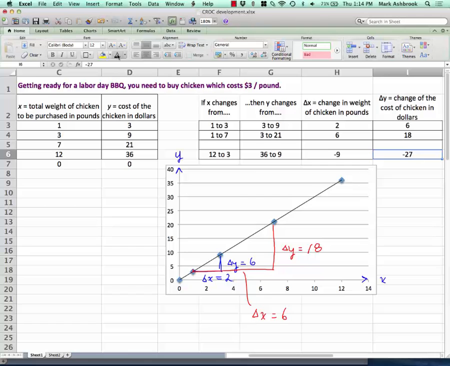Okay, so when you look at these numbers over here, comparing the change in x to the change in y, what kind of relationship do we have? 2 and 6, 6 and 18, -9 and -27. Remember from junior high. What's that all about?